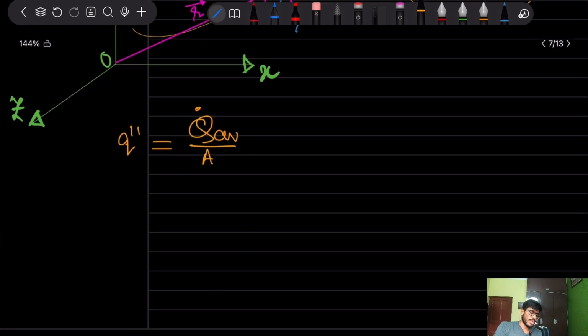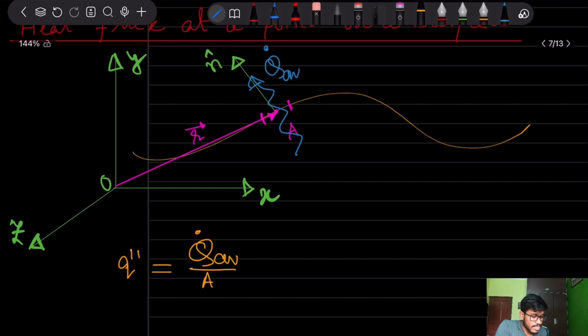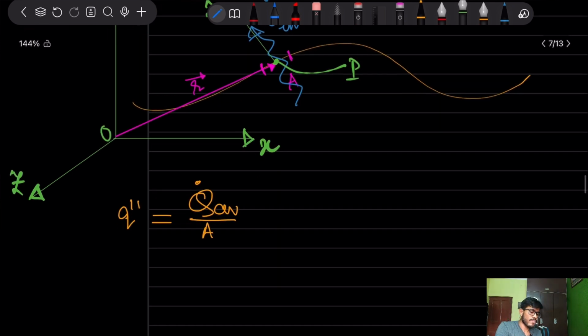Now let me give some name to this point, the centroid of this area A, as P. So the heat flux through this point P, let me term this as Q double dash average.